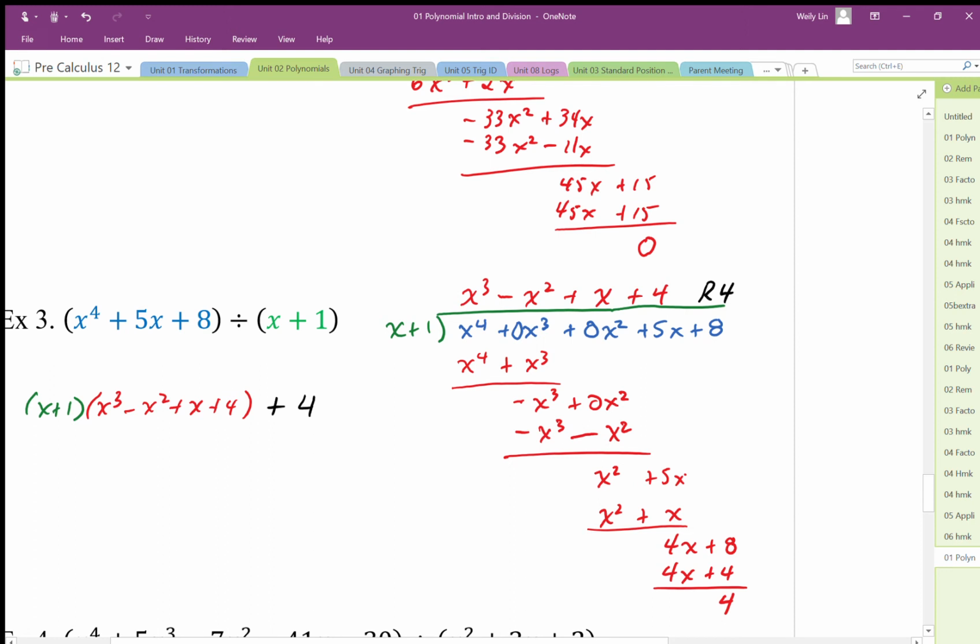Okay, and that gives us our division statement. And this is equal to the dividend, which is x to the 4 plus 5x plus 8.